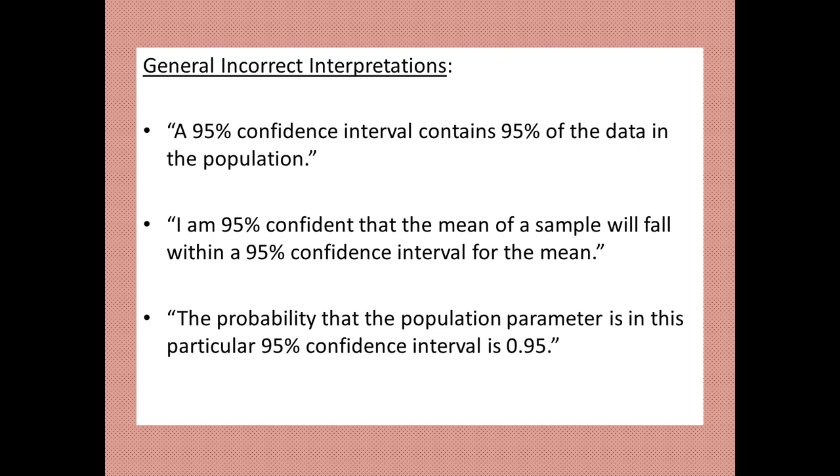The idea of probability is not applicable. So the word probability is bad. Any word that implies probability, like chance, would also be bad. So just stay away from those things, and when you start off the interpretation, just start off saying that you're 95% confident that the parameter is contained in the interval or is between the endpoints or something like that.